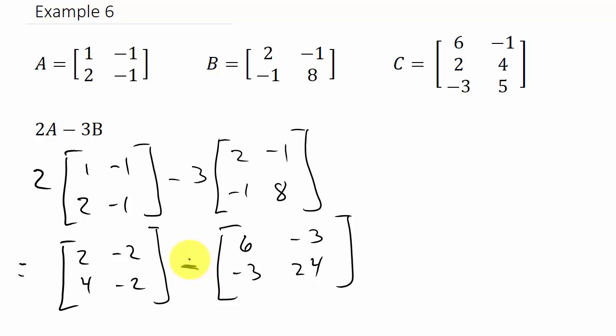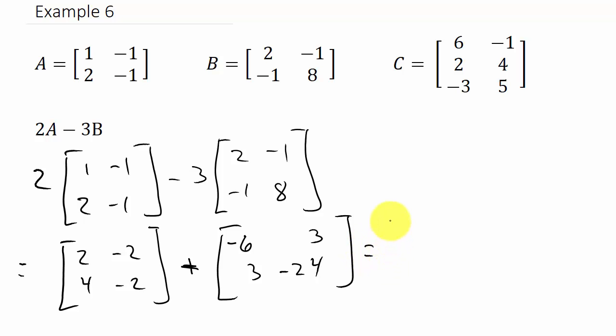But I'm going to go ahead and leave it as I did first, where I'll multiply through by a negative 3. So negative 3 times 2 would be the negative 6. Negative 3 times negative 1 would be positive 3. Negative 3 times negative 1 is positive 3. And negative 3 times 8 is negative 24.